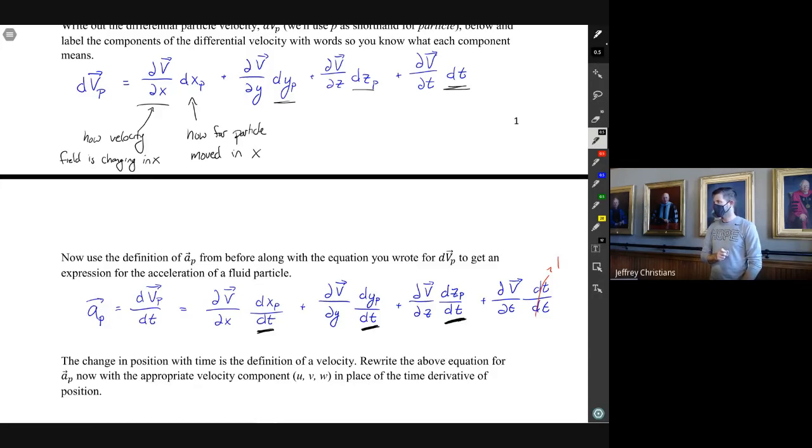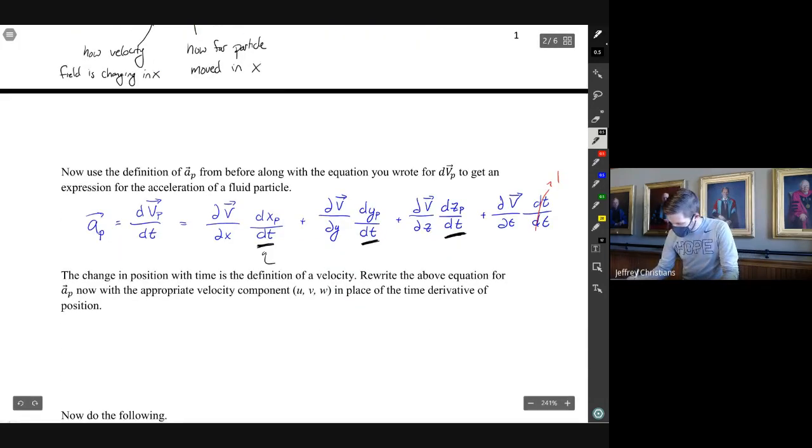Velocity of what? It's a change in position with time, but what's my little subscript? Particle. So it's how fast that fluid particle is moving. This is the definition of the fluid particle's velocity.